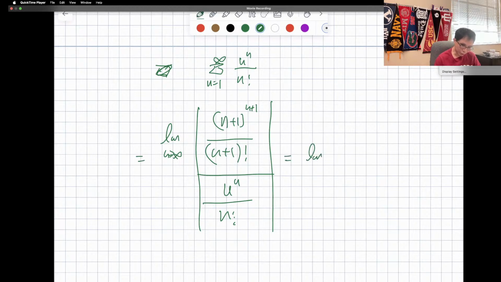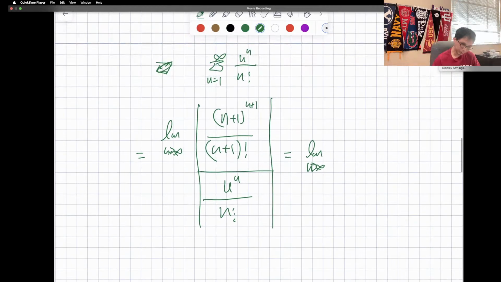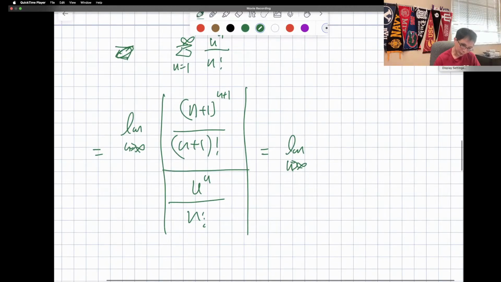So the limit as n approaches infinity, and then you can think about this one: (n plus 1) to the n times (n plus 1).